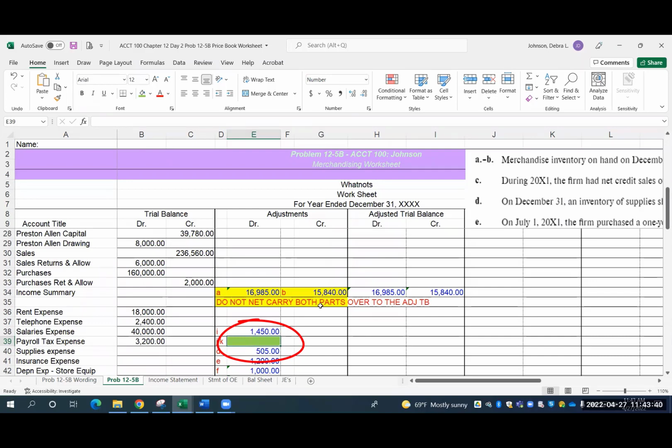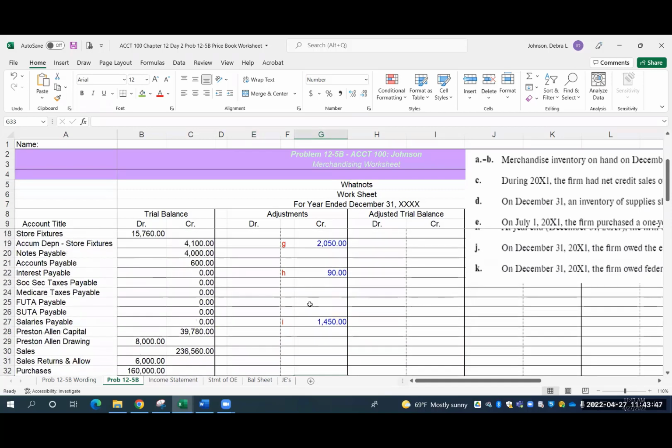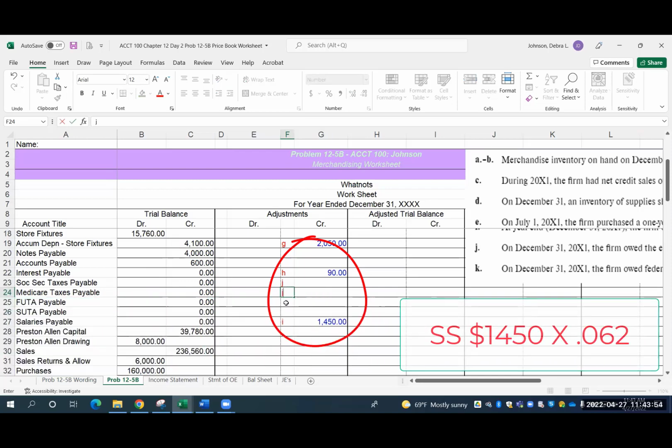And these are all liabilities, just like they were in chapters 10 and 11. So I'm going to scroll up to the liabilities accounts. And here they are. And we're going to go calculate these. He gave you the Social Security and Medicare rate in J. And he gave us the FUTA and SUTA rate in K. All right, so 1450 was the amount of the wages times 6.2% would give us the Social Security.